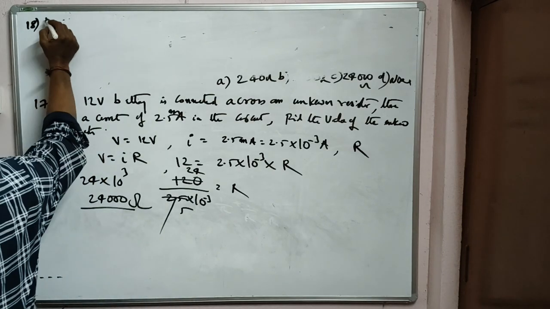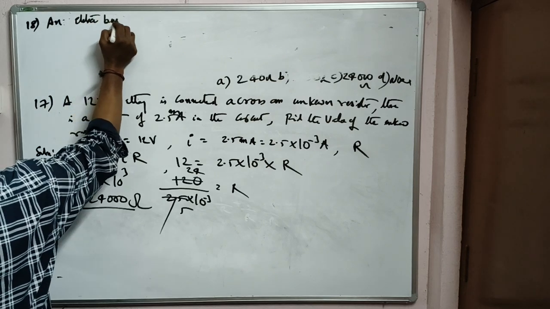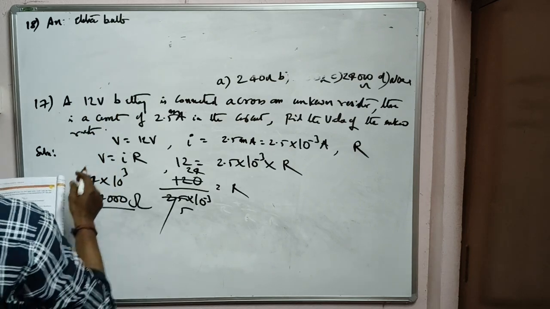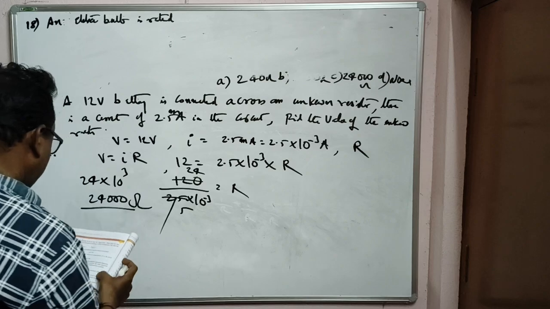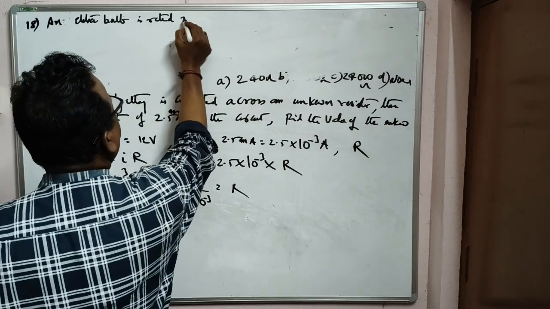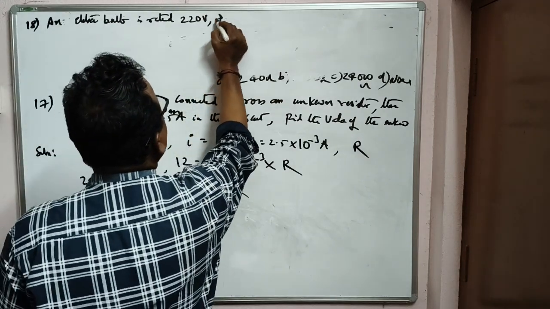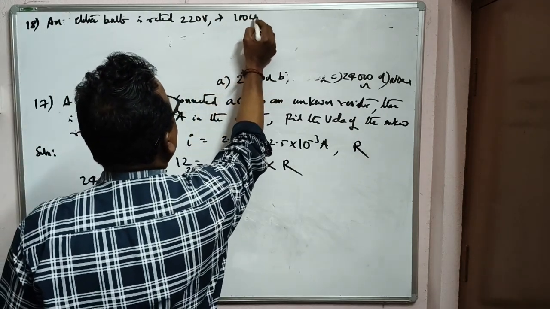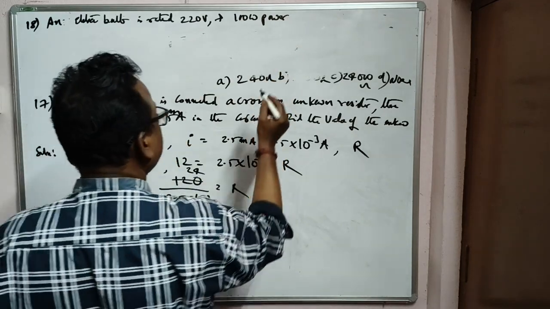He is given an electrical bulb. An electrical bulb is rated 220 volts and 100 watt power.